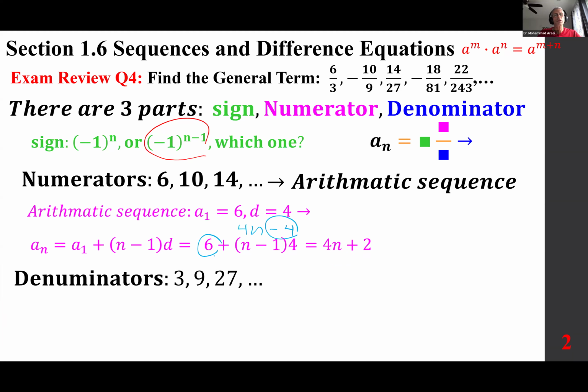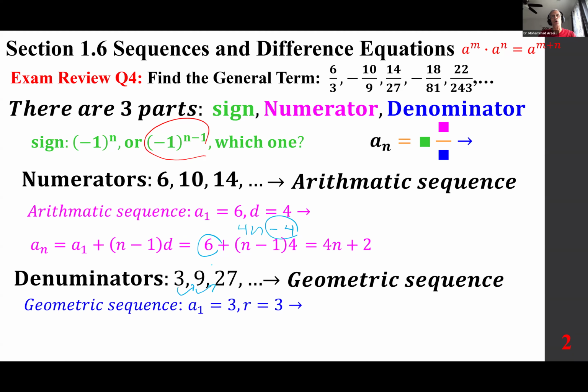We write the denominators, and we notice if we multiply by 3, we get the next term. That means we are dealing with a geometric sequence such that the first term, a sub 1, is 3, and so is r. We use the general format.